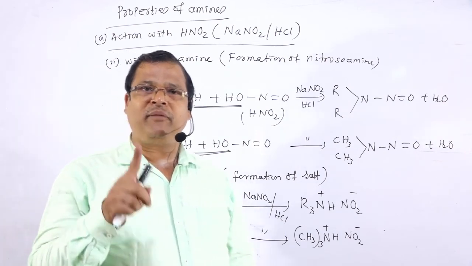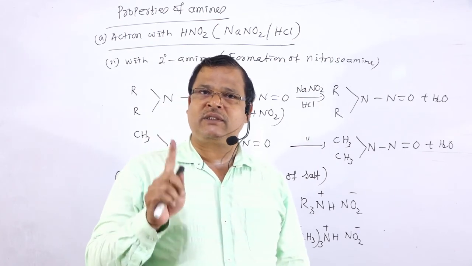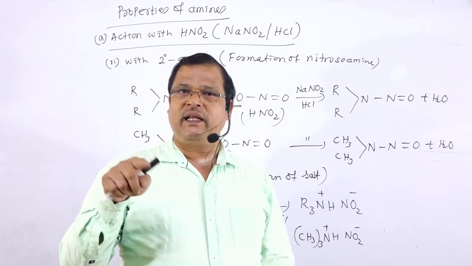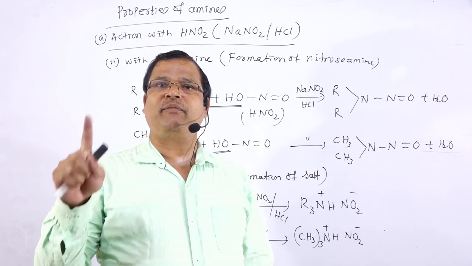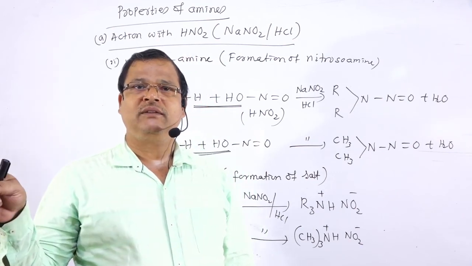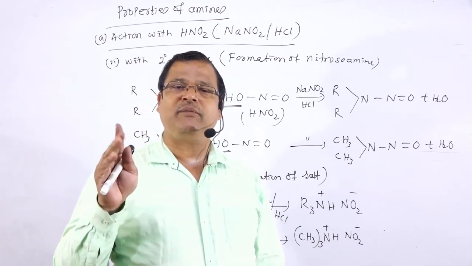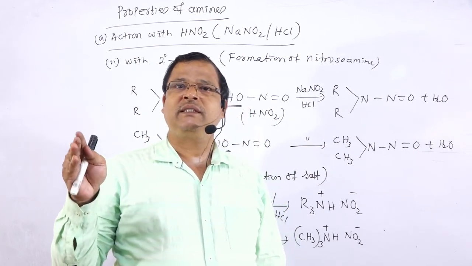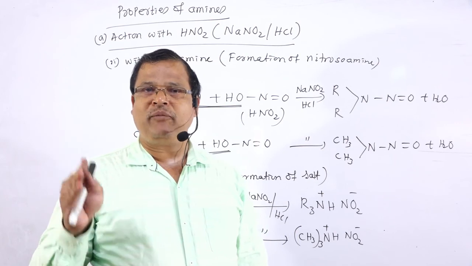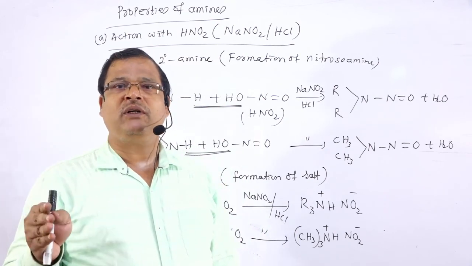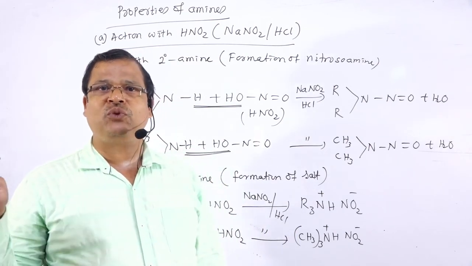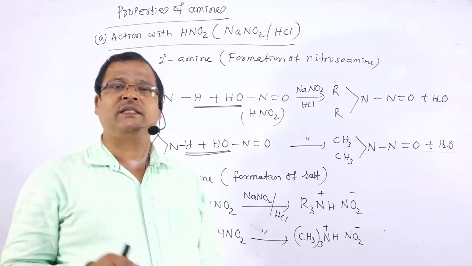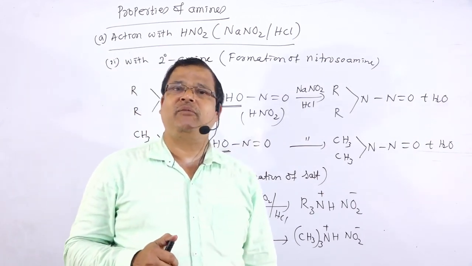Whenever primary amines are treated with nitrous acid, that is NaNO2 and HCl, there is the formation of primary alcohol. Secondary amines treated with nitrous acid form nitrosoamine, which will respond to Liebermann's nitroso reaction. That is the only reaction shown by secondary amine.